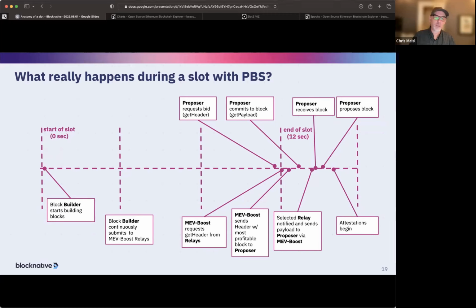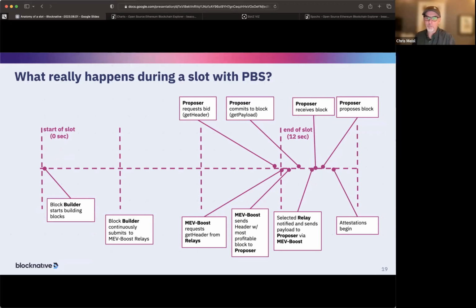Then not only will the Blocknative relay propagate that block once it's signed, and the proposer should also propagate it, but if any other relay also happens to have that block because they work with the same builder, then they will also propagate that block. They will get that signal. So the idea here is to get block propagation going as fast as possible. There's a very good reason for that, and we'll get into that a little bit later.